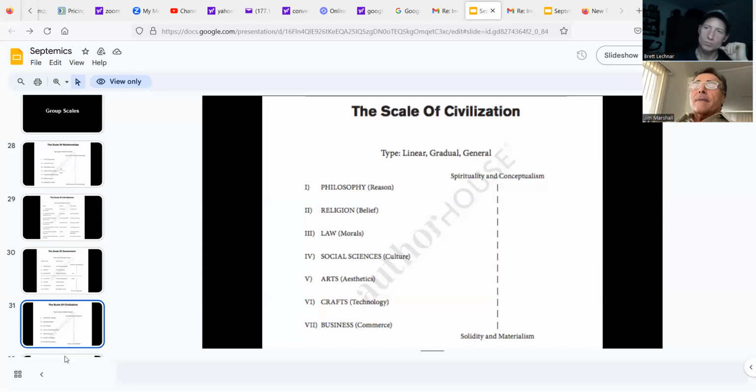Now, there are aspects of civilization which appear, and there are particular groups, like, for example, the Essene sect in Israel, which was kind of its own little civilization. You could call them a cult, but they were very civilized people.